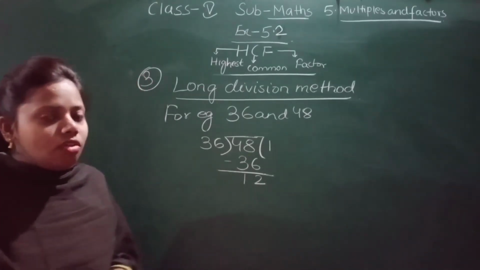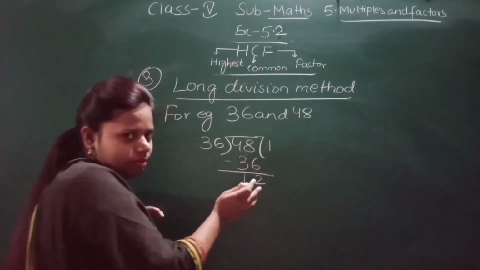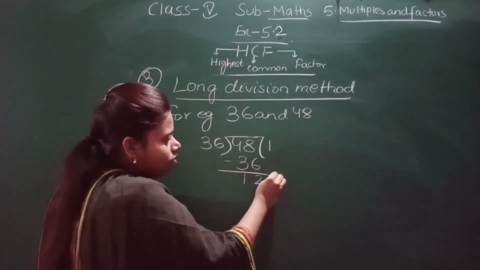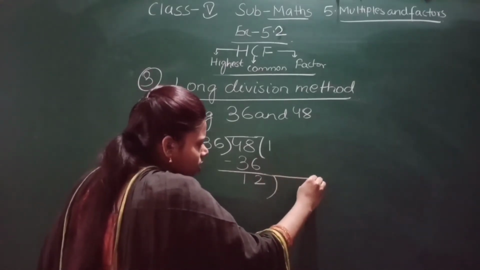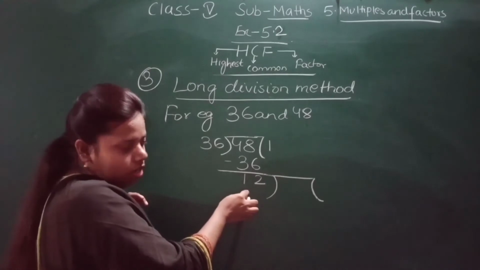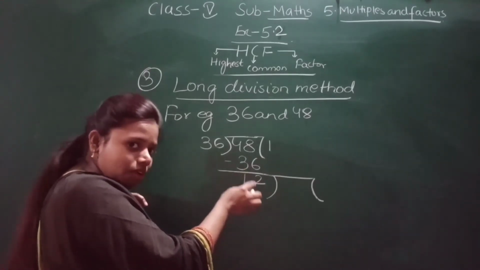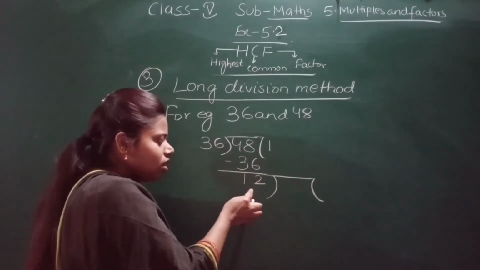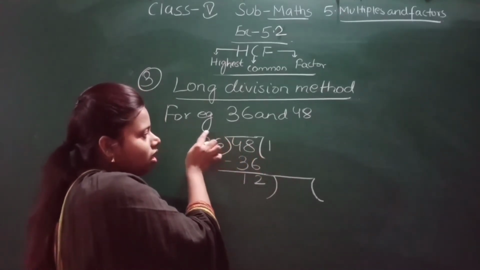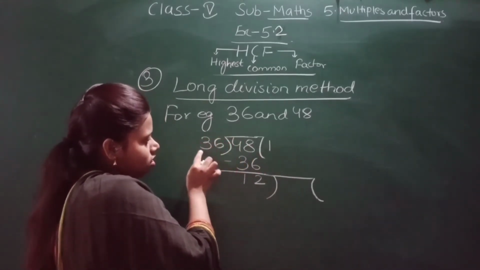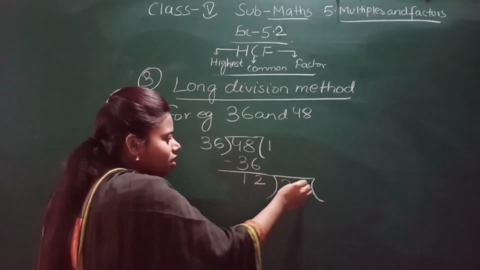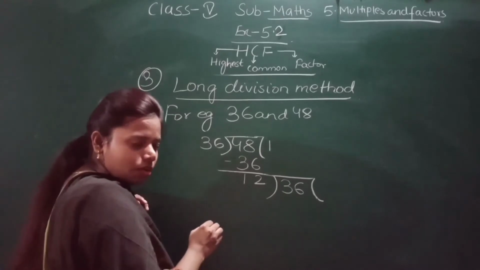Now what is the next step? You have to divide once more. This remainder which we got has become the divisor, and the previous divisor becomes the dividend.